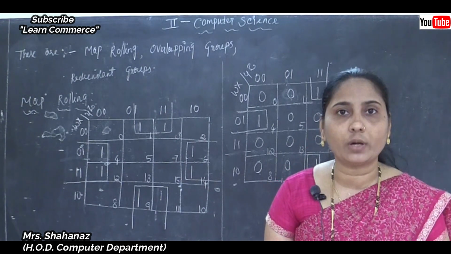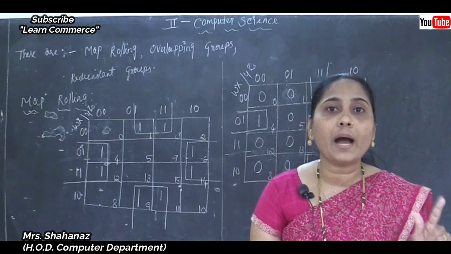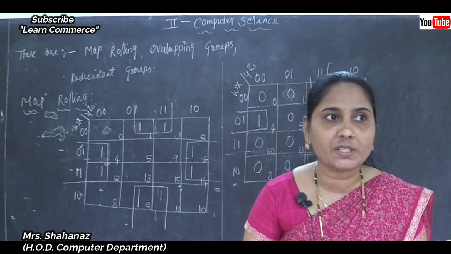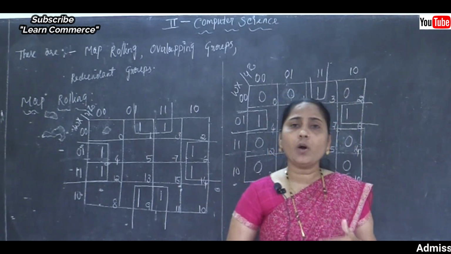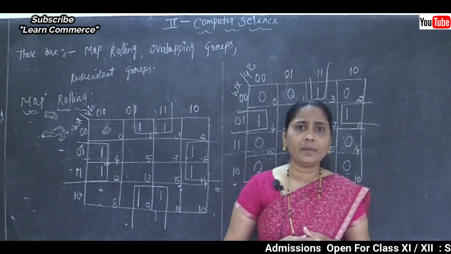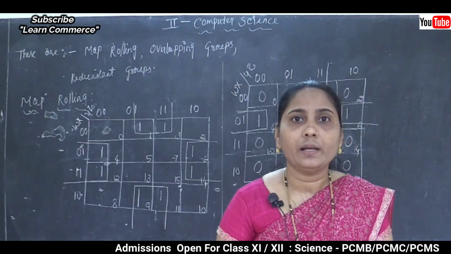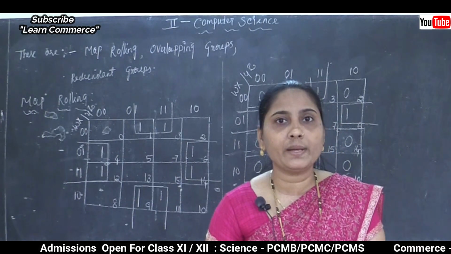Now we are going to complete the first example. The first example is called map rolling, the map rolling groups here. Now what is the meaning of map rolling? Map rolling means roll the map. What do we mean by rolling the map?